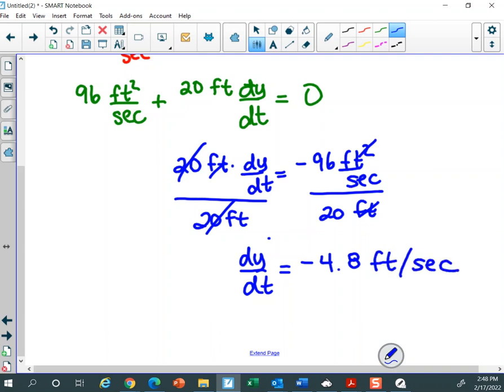Why is this rate negative? Because it's getting smaller. Yes, it's falling. Y is getting smaller. So things that are getting smaller have a negative rate of change. If we have a tank and the water is leaking out of the tank, the volume is changing at a negative rate.